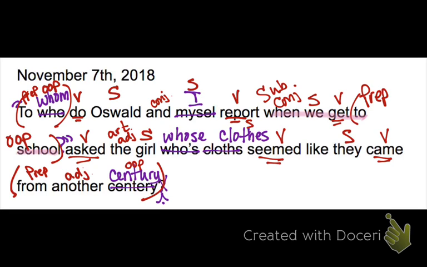Now, I told you like is not going to be a preposition. Why? Because it has a verb, so it's not going to be a preposition. But like actually acts as a conjunction. So what kind of conjunction will this be? Is it a coordinating conjunction? Is it part of the fanboys: for, and, nor, but, or, yet, so?